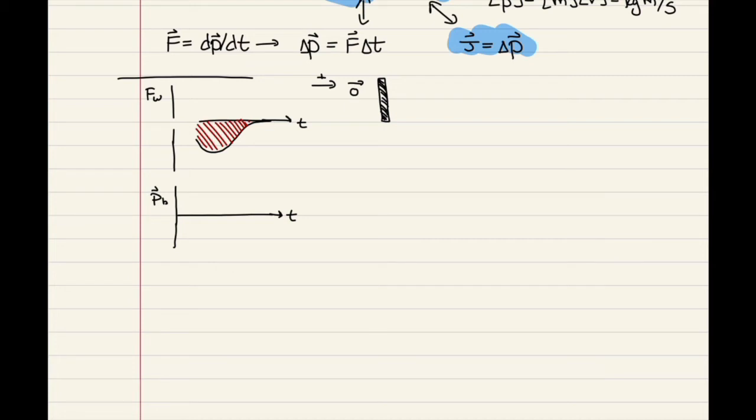Let me assume that it comes down and kind of starts there. So there's a definite starting point. That's this point of contact here, and then a point where it loses contact here. Because I'm going to draw some dotted lines down to my momentum plot.